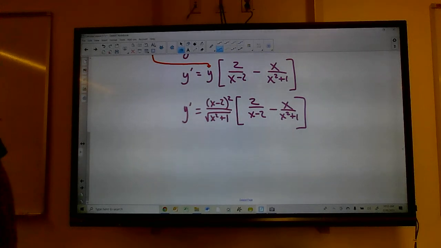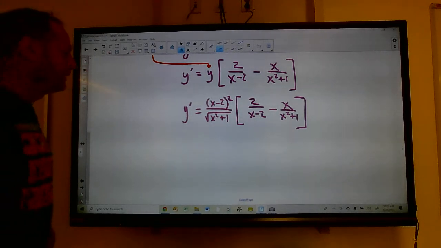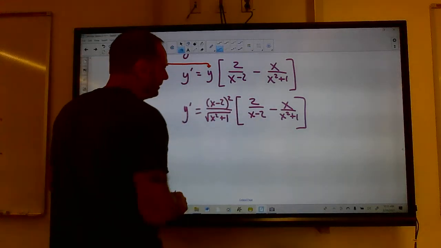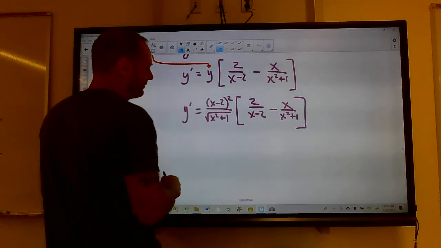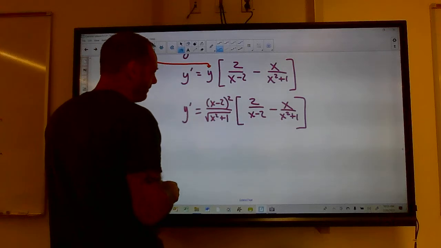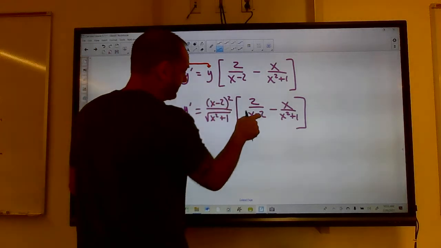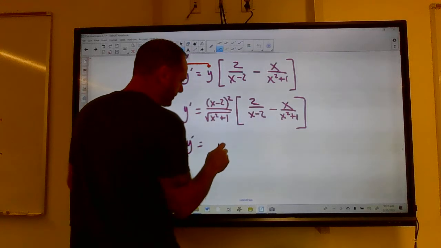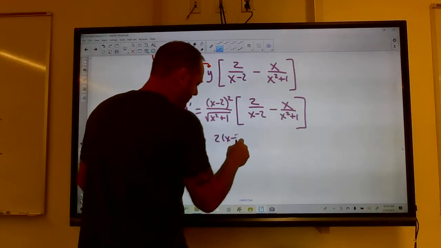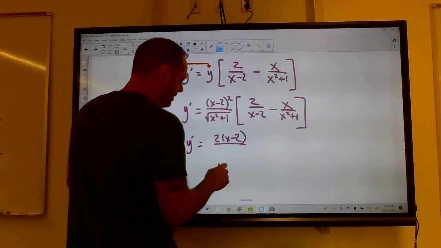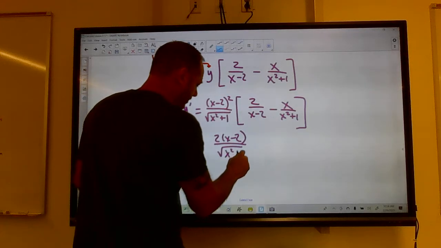And you could clean that up a little bit. You could distribute this inside of here. Essentially, that's the answer, though. If you distributed this in here, this would cancel one of those, and so you'd have 2 times x minus 2 over the square root of x squared plus 1.